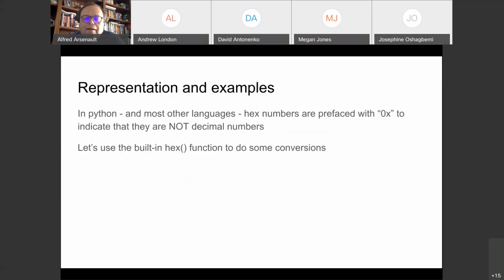A question. Yeah, go right ahead. So, does this mean that we can create a program that can be 32-bit or 64? You indeed can.